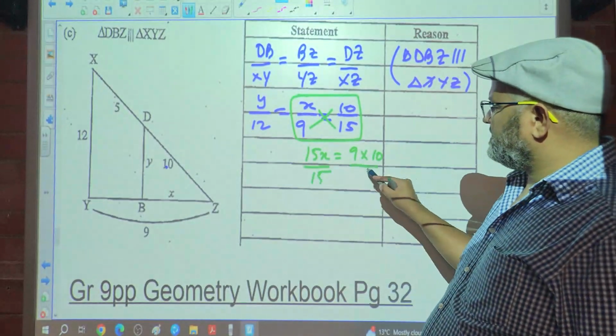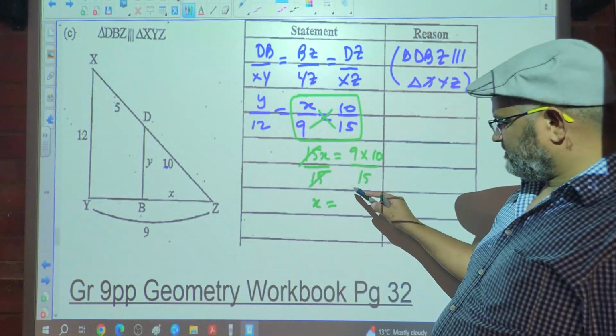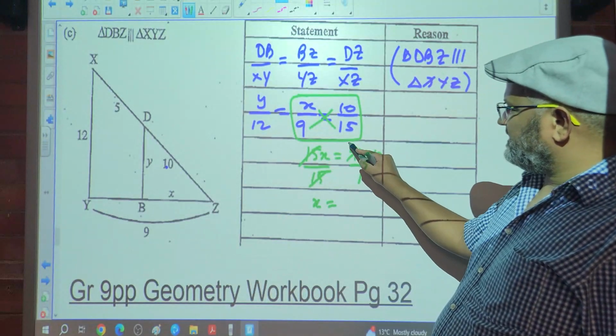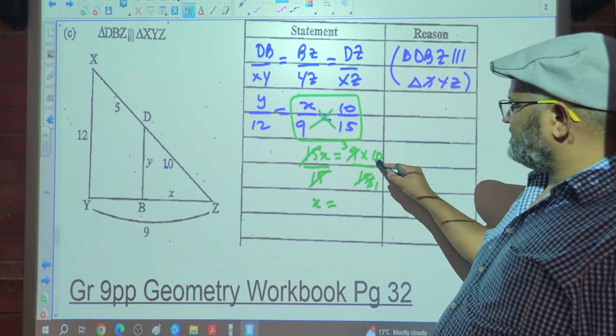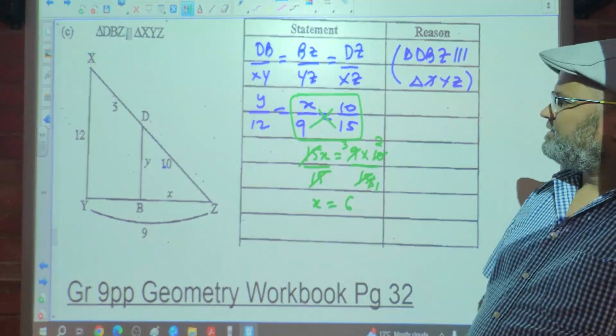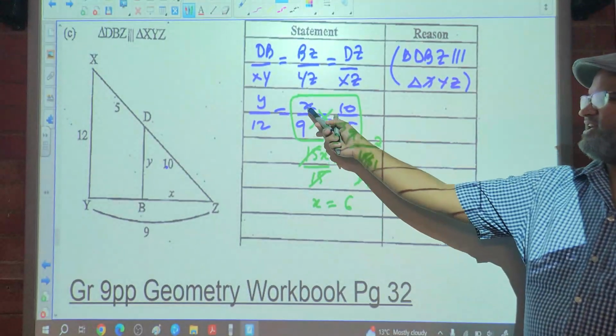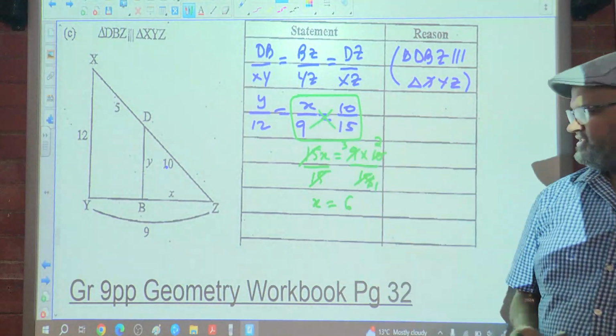Divide by 15 both sides. So x is equal to 3 goes into 9 thrice, 3 goes into 15 5 times. 5 into 5 once, 5 into 10 twice. 2 times 3 is 6. Or you can see that it is going to be 2 over 3, so 6 over 9. You just say x equal to 6.